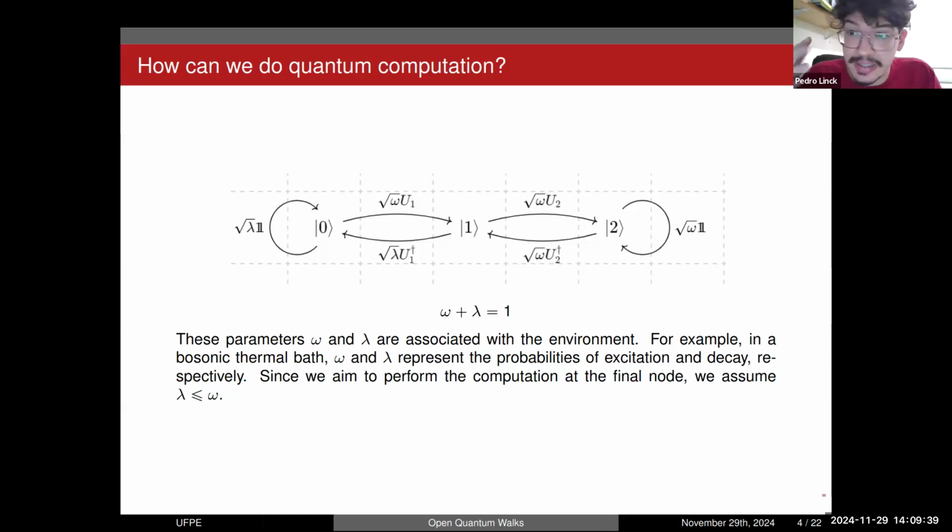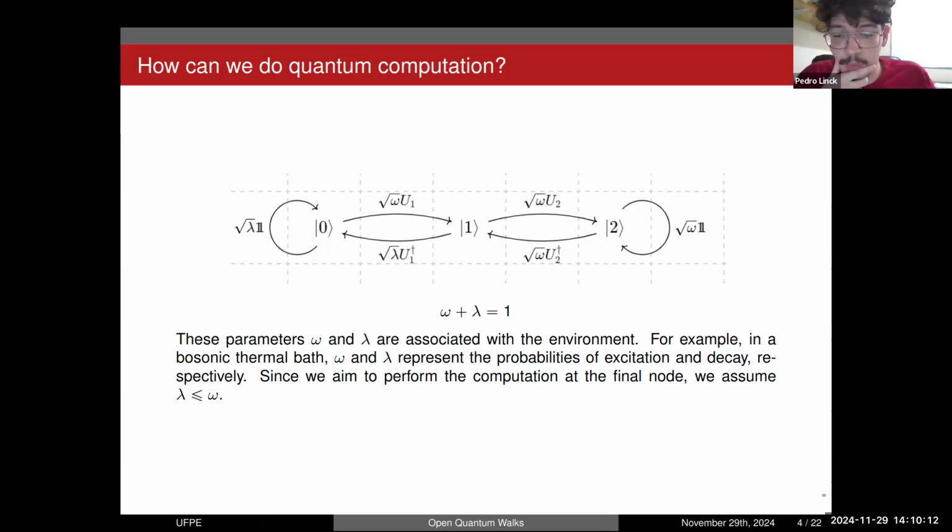If I want to design an experiment or a simulation, how many times do I have to run this walk? How many steps of the walk do I have to take so I can measure with a large probability? When I say large, it's not necessarily 90%. One third, 30%, is already big for quantum computation. It's already good.